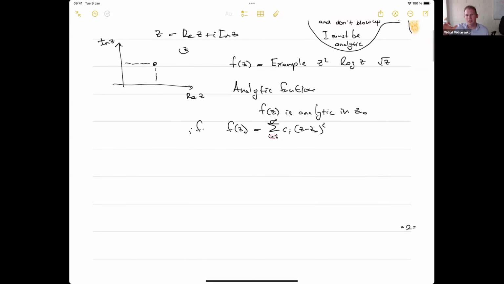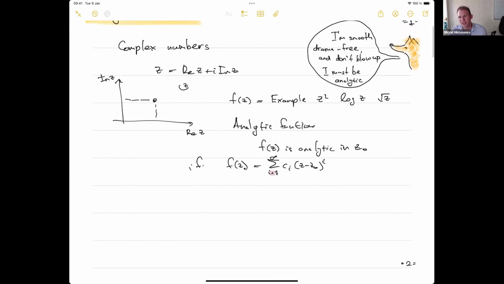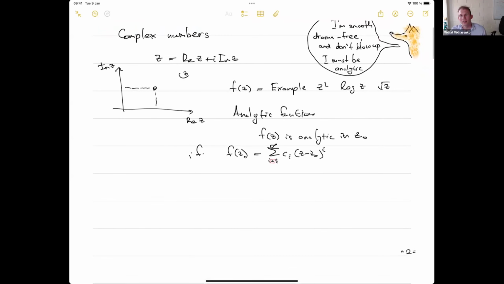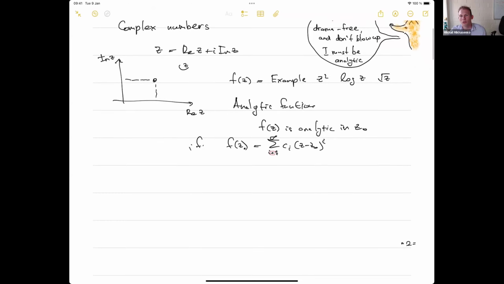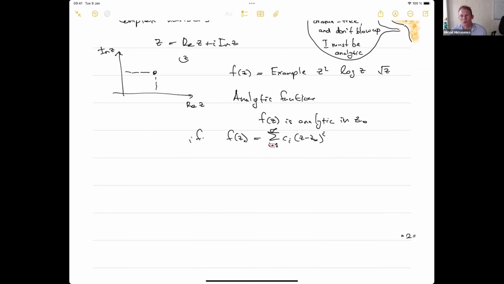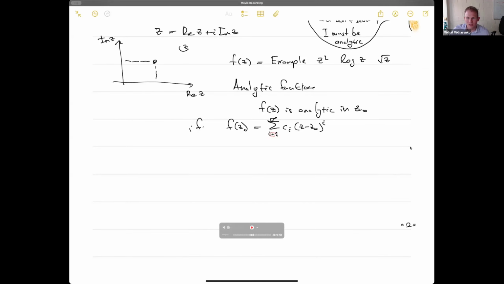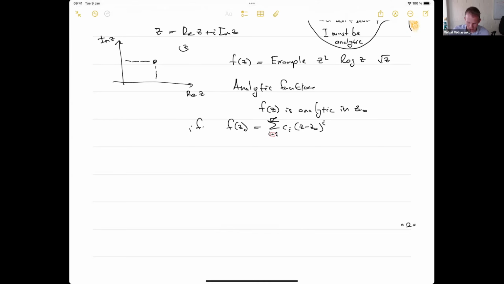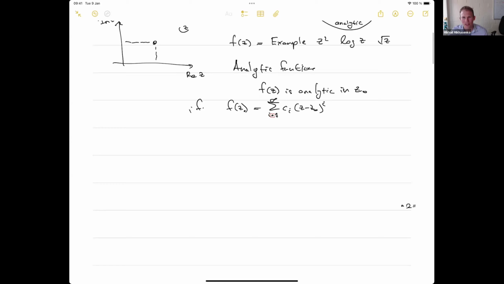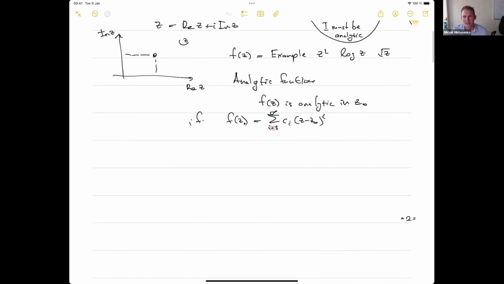Once the power series exists, the function is analytic. However, this is a mathematical definition, and checking this condition is not what we do when we state that a function is analytic or not. What we rather do in most cases is identify the places where a function is not analytic. And in the rest of the domain in the complex z-plane, the function remains analytic.